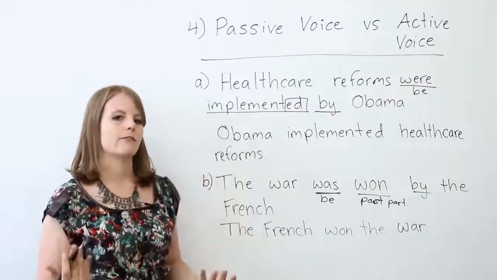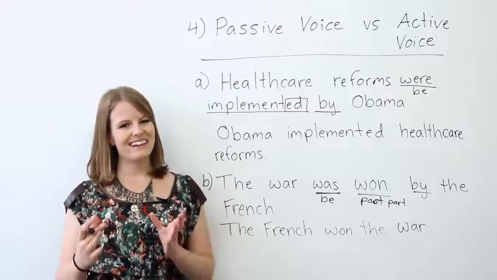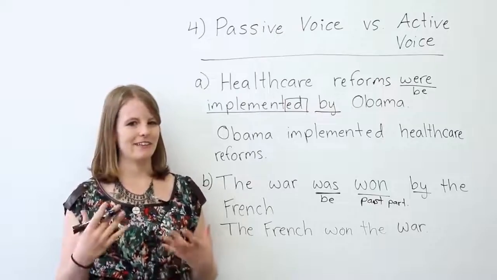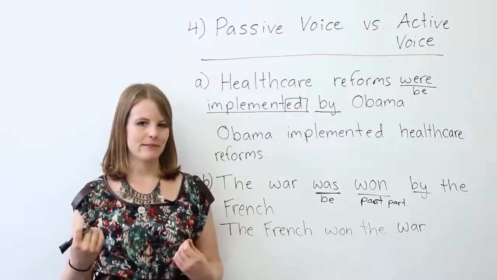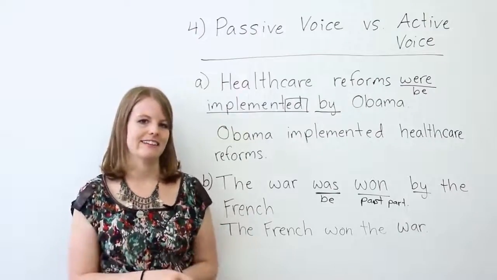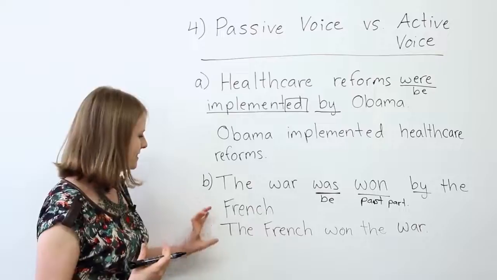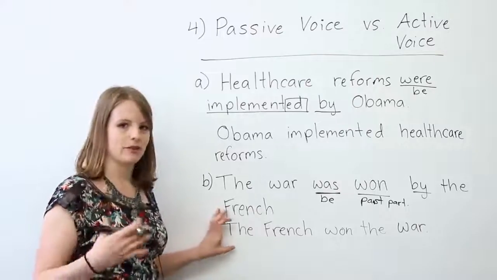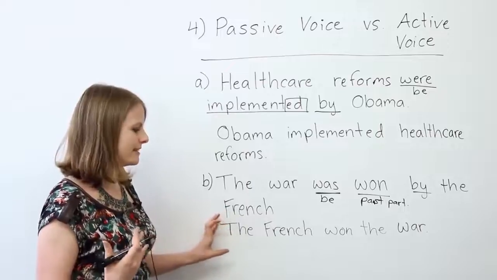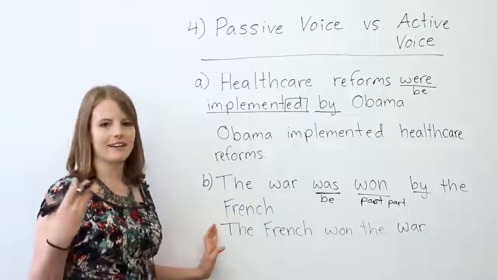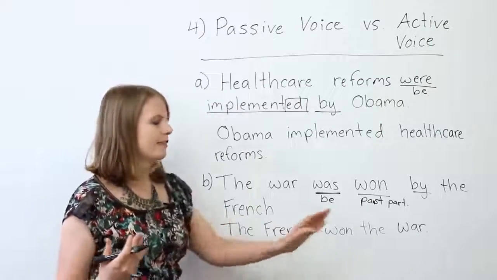The war was won by the French. So this is, again, a passive voice sentence. It's a passive sentence, but it's still a little bit weak. In academic writing, we want strong sentences. And a strong sentence has the actor, or the person performing the action, at the beginning of the sentence. So instead, a better sentence would be, the French won the war.